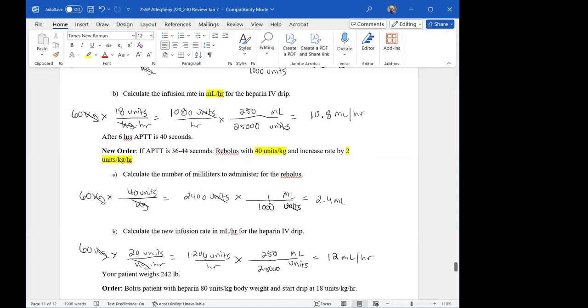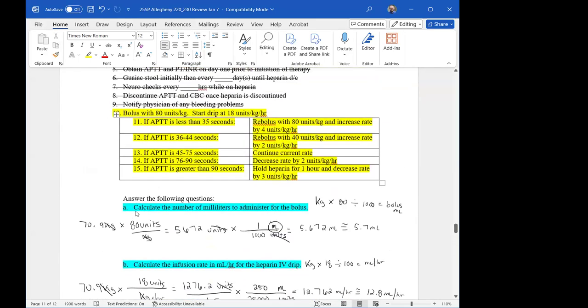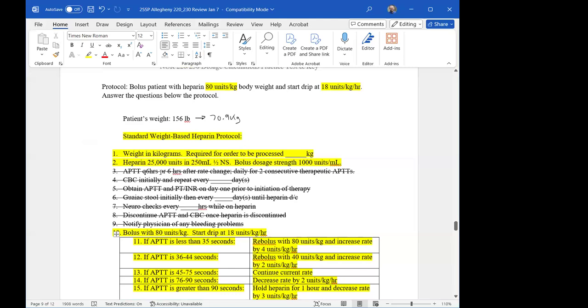Because if you saw in the big protocol where it tells you a couple things, it says here that you're going to check the APTT every 6 hours daily for two consecutive APTT. So you're constantly reevaluating that because you're probably going to have to either take them off or on the heparin protocol. It's not something they're on indefinitely.